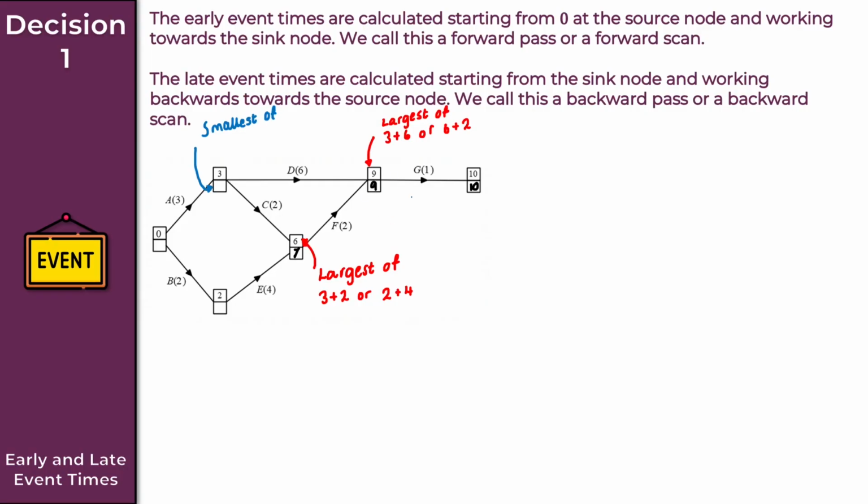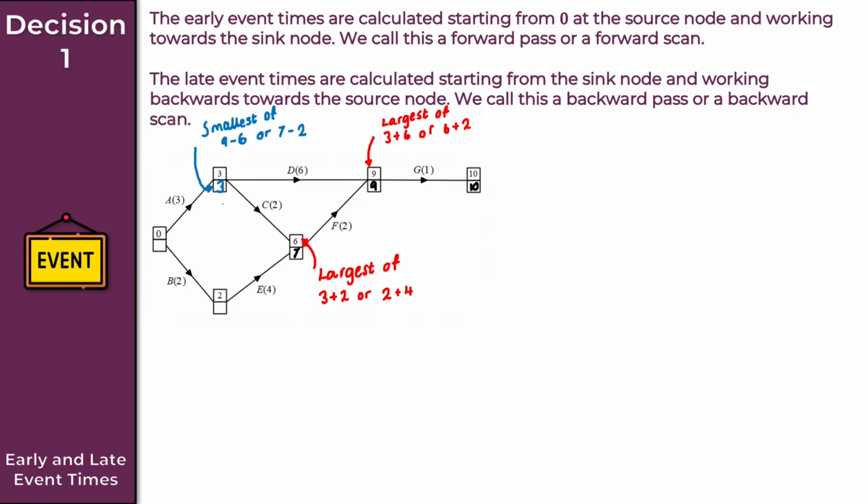It's either going to be 9 minus 6, like so, or my other choice here then will be 7 minus 2, right? It's the smallest of 9 minus 6 or 7 minus 2, okay? Well, clearly, 9 minus 6 is smaller than 7 minus 2, so that's 3, that's 5. So put 3 there, okay? I'll just do it in the same color anyway, it doesn't really matter too much, like so.